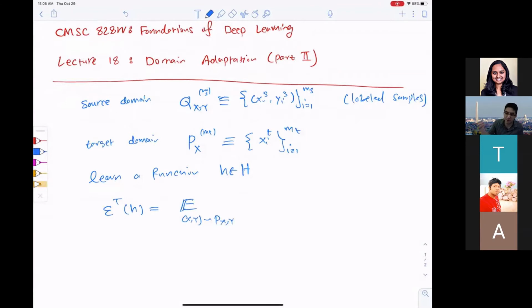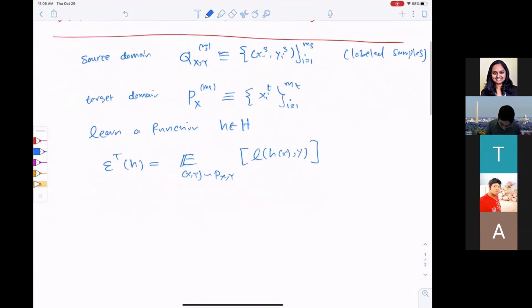So at test time, I'm going to have labeled target samples, and I want to evaluate how I perform on them. So that's basically the goal: to learn a function using labeled source samples and unlabeled target samples, in order to perform well on labeled target samples.